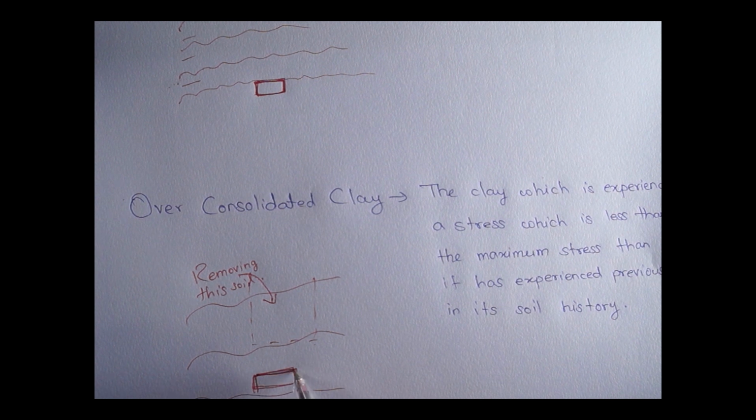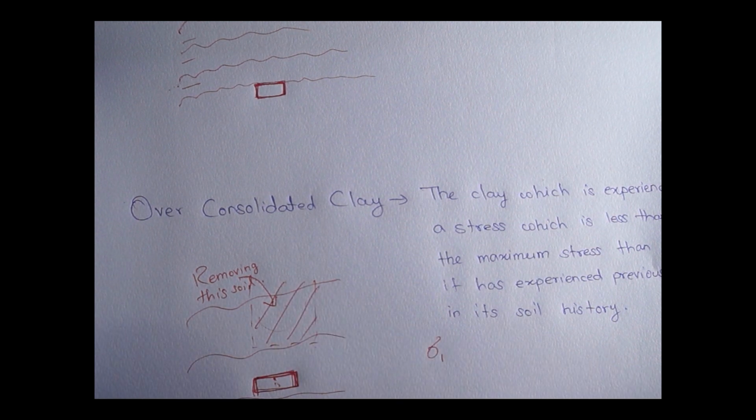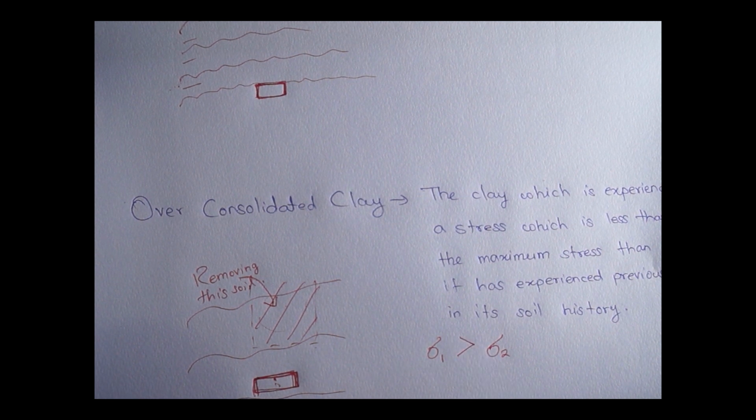So when you consider this soil in its soil history, before removing this soil, it would have experienced a stress, let's say sigma 1. After removing, so now the soil has been removed, so now let's say the stress is sigma 2, which is the stress it is experiencing now.